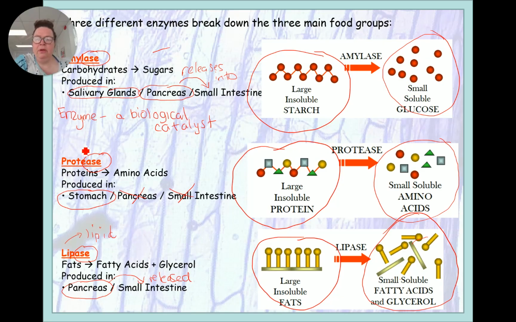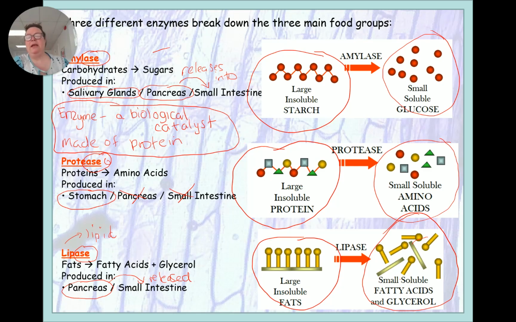Okay, and weirdly, even though it breaks down proteins, an enzyme is made of protein. Some people get a little bit confused about that. So that's our enzyme. So if you need to pause the video and jot any of this down, that's absolutely fine. Do that now.